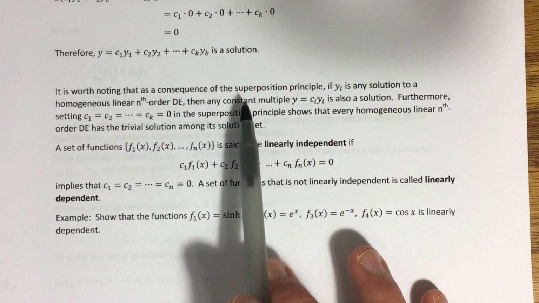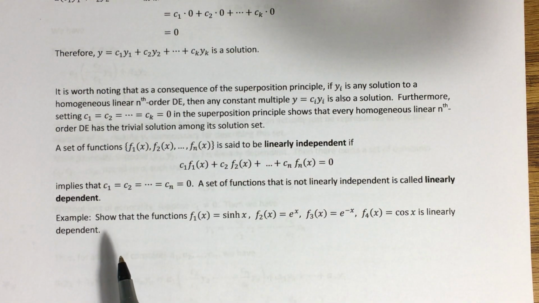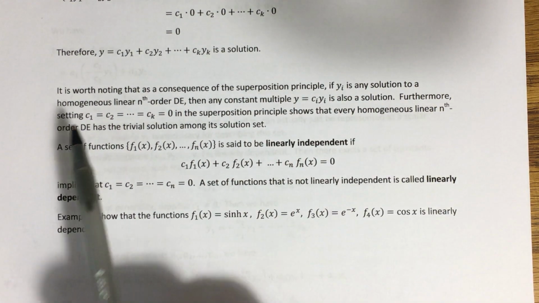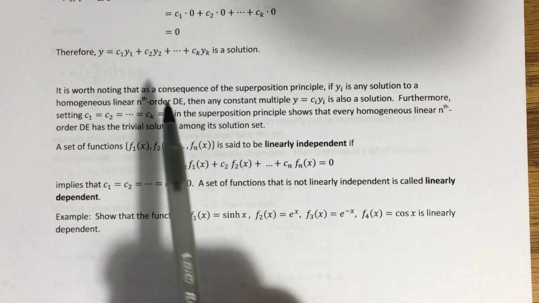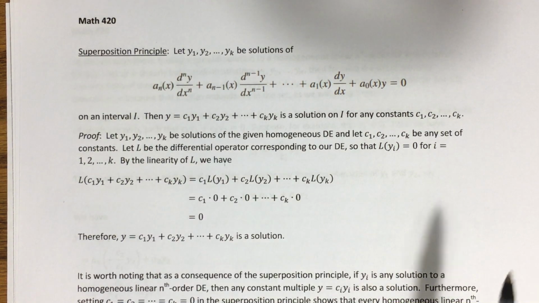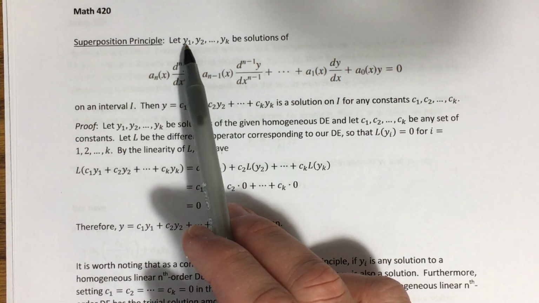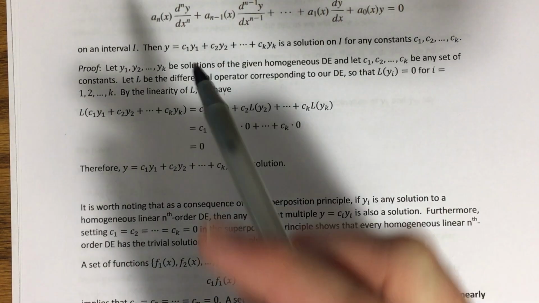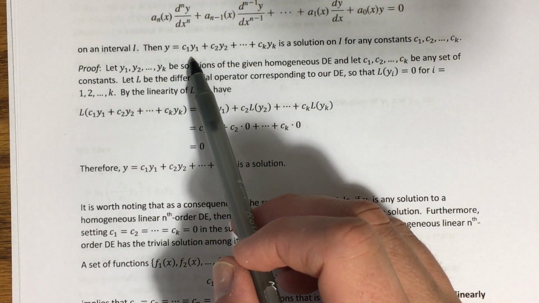So before I jump to this example up here, I realized I forgot to mention something here. We have some important consequences of our superposition principle. One is that if yi is any solution to a homogeneous linear nth order differential equation, so any one of these solutions up here, then any constant multiple of any one of those solutions would also be a solution. Basically, let's just focus on y1, for example.